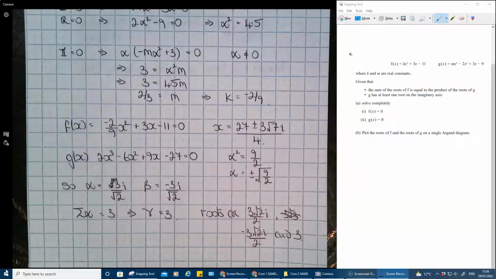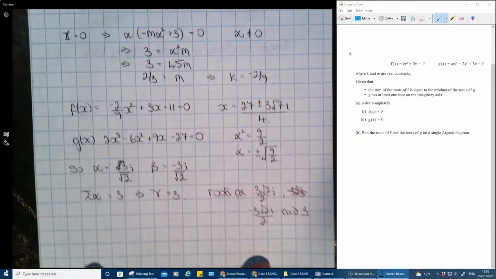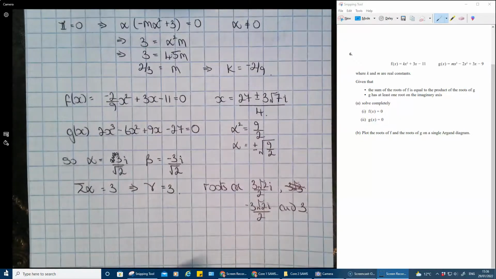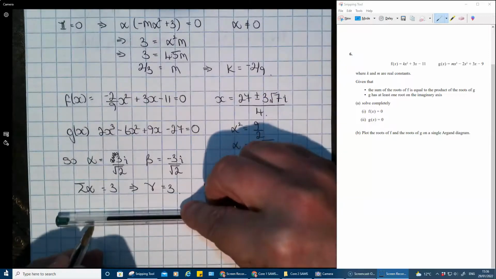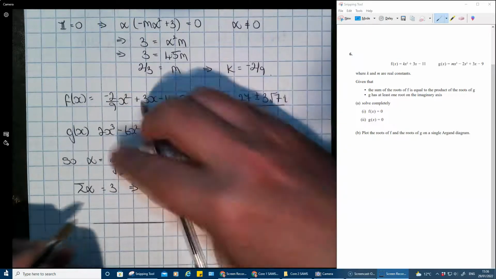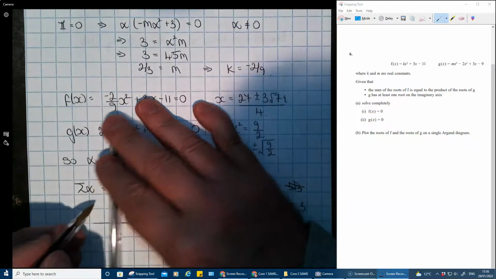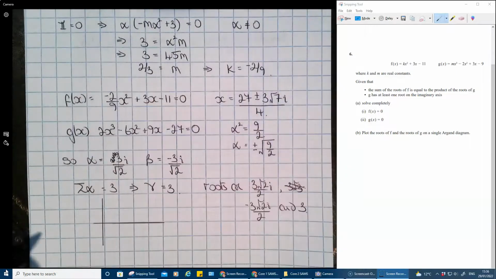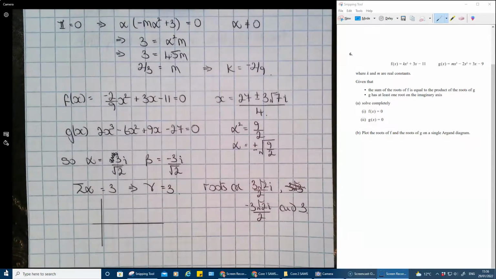Okay, and it says finally plot the points on an Argand diagram. Apologies if I just do this a little bit short, small one at the bottom here. So you've got your Argand diagram. I know I'm going to need a line of symmetry in the x-axis. I've got no negatives, so here we go. So I've got the roots of f.